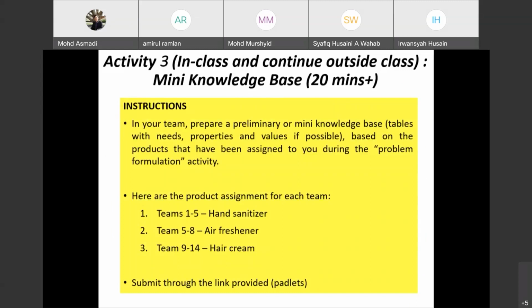And then kalau air freshener, contohnya good fragrance, kill bacteria. This is gonna be the property is gonna be flash point, density. What is the constraint? Kalau air freshener, kalau boleh fikirkan. Not able to kill the germs.